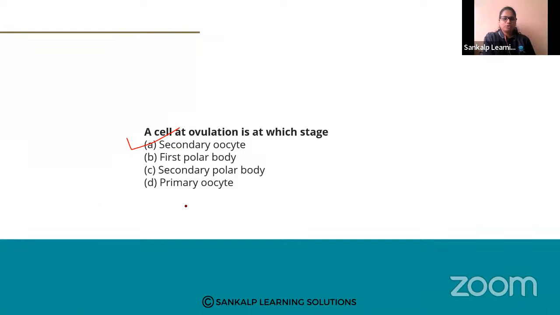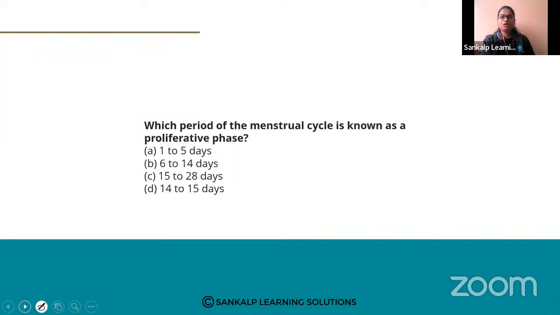Next question goes like this. Which period of the menstrual cycle is known as the proliferative phase? 1 to 5 days, 6 to 14 days, 15 to 28 days, 14 to 15 days. Proliferative, or we can also say it as follicular phase.